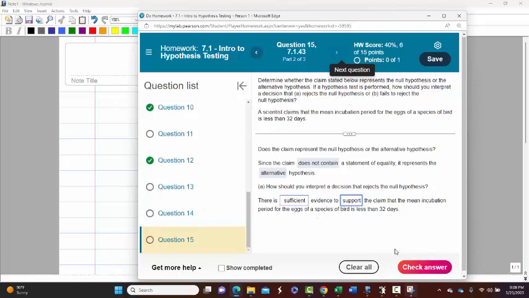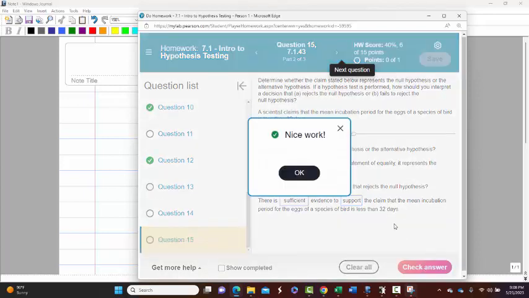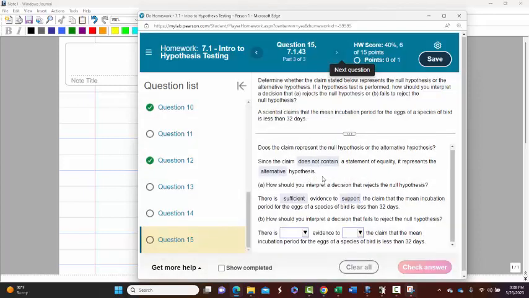And so there's sufficient evidence to support that claim. All right. Oh, there we go. Fails to reject. There is insufficient evidence to support, again, so we don't support, insufficient evidence to support the claim.